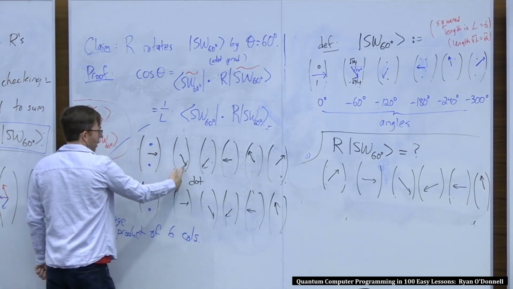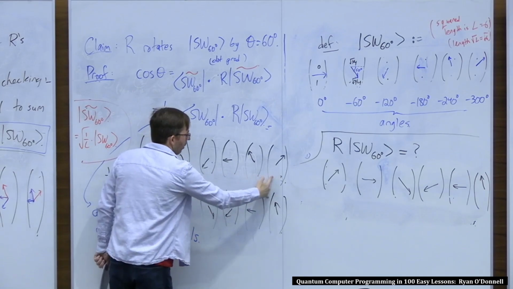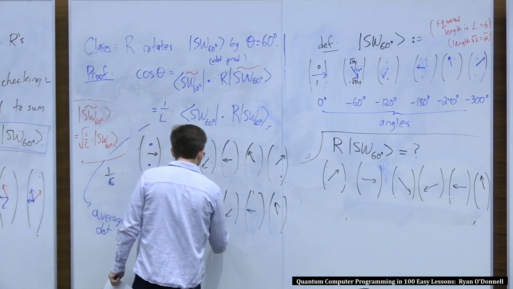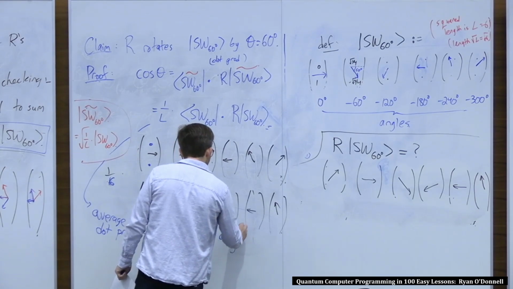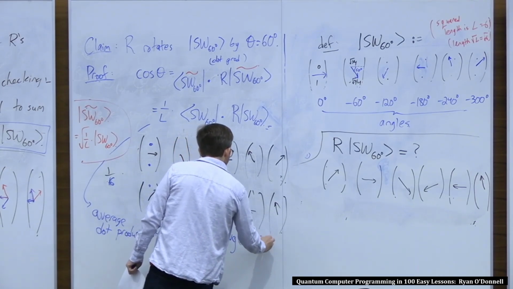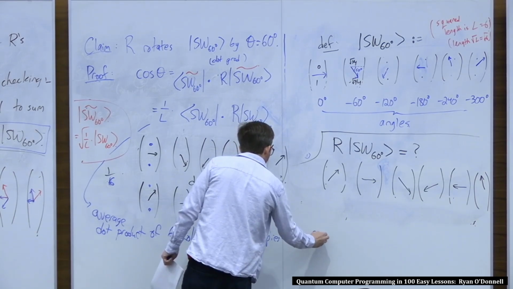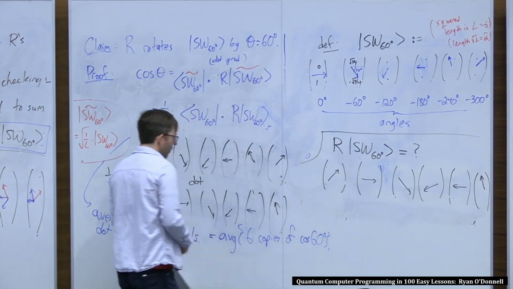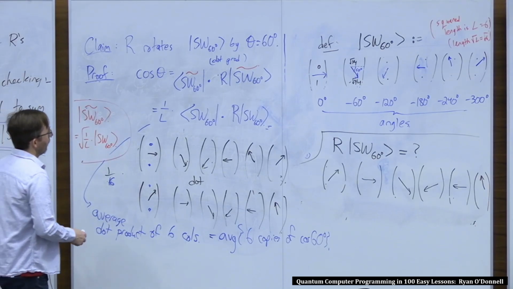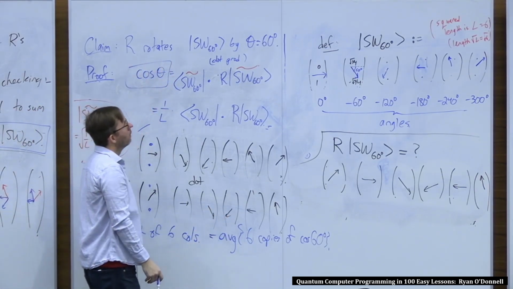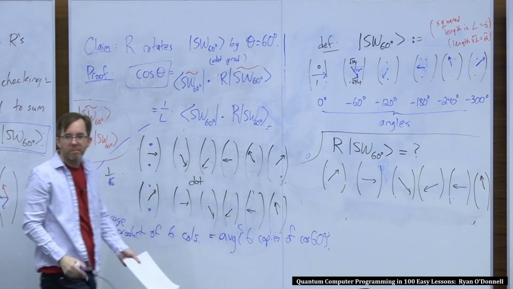So all these little 2-dimensional dot products are all cos 60. So their average is also cos 60. So this is just the average of 6 copies of cos 60 degrees. So the average is cos 60. So that means that cos theta is cos 60. So that means theta is 60.